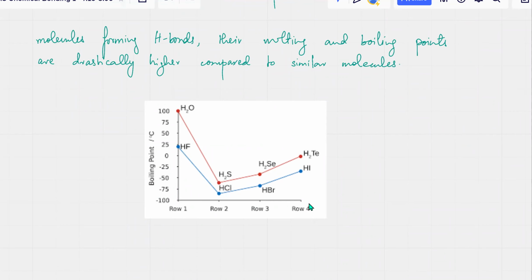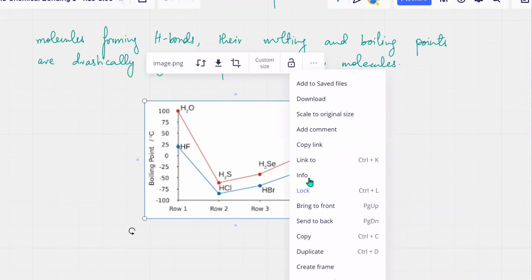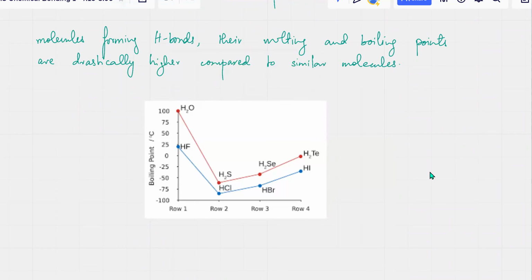And HF all of a sudden has a much higher melting and boiling point, simply because of hydrogen bonding. So you've got hydrogen bonding going on in these two molecules, which is why the melting and boiling points are really high. Even though water is a covalent molecule, it has a relatively high boiling point.